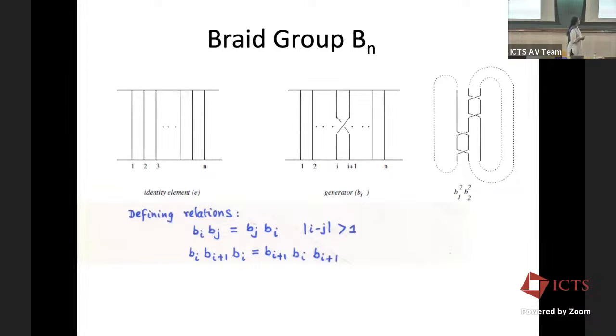If you do Bi, then Bi plus 1, and then Bi, this is nothing but, if you look at the Yang-Baxter equation, which depends on a spectral parameter, in a certain limit it becomes the braid relation. In that sense, this is also a very important connection to statistical mechanical models.